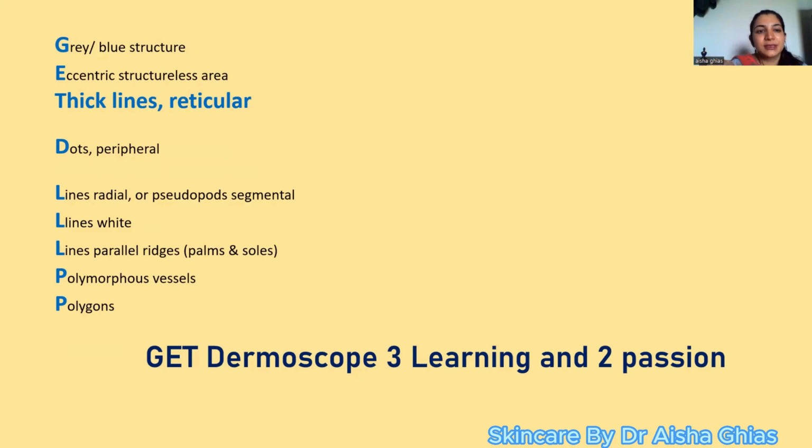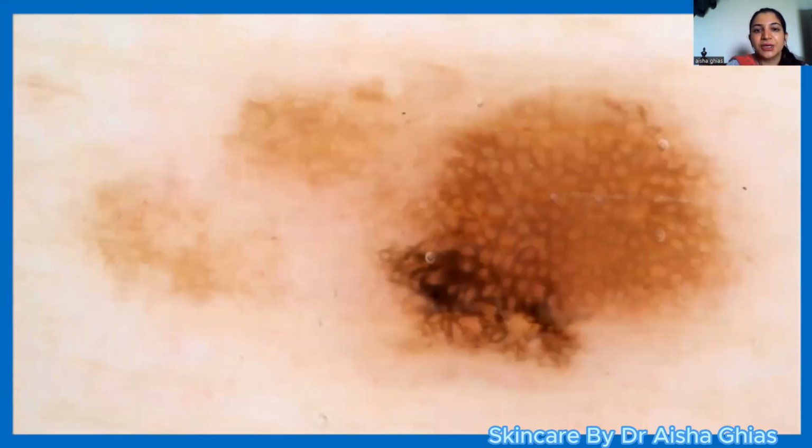But in this chaos and clues method, once you see lines thicker than the circles they are making, this qualifies for malignant lesions. Like over here, this is the dermoscopic picture of a lesion. As you can see, there are circles, the bigger ones, and the lines are thinner. But over here on the bottom and bottom left, the lines have become much thicker and the circles they enclose are becoming smaller and smaller.